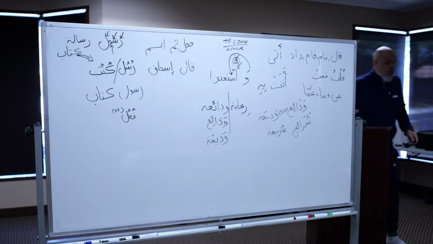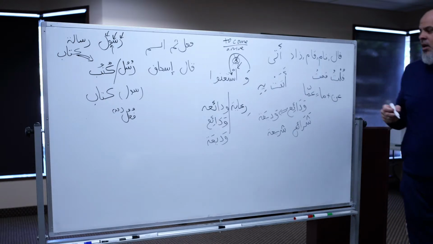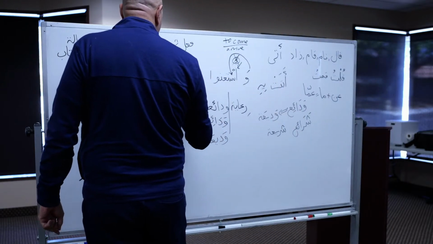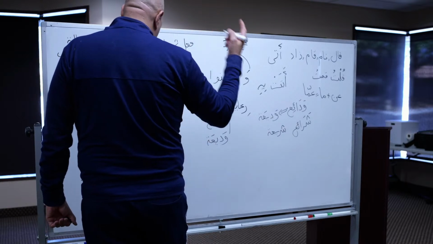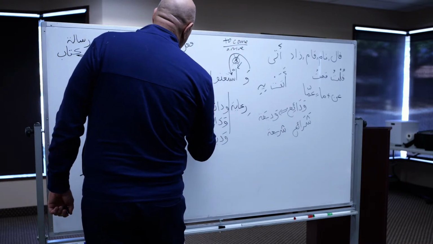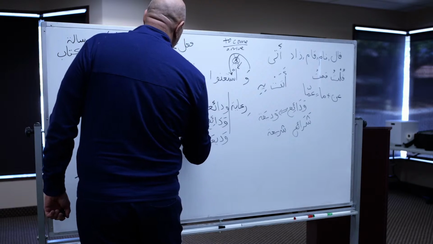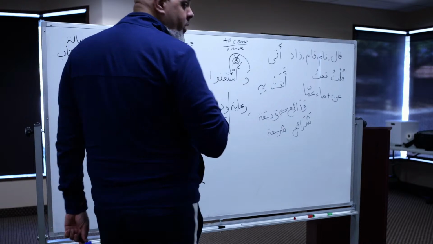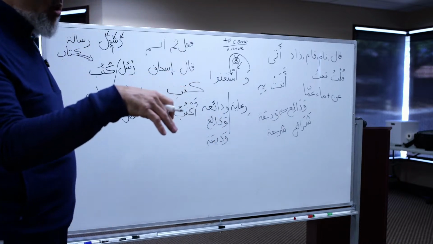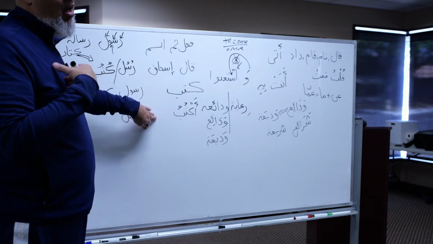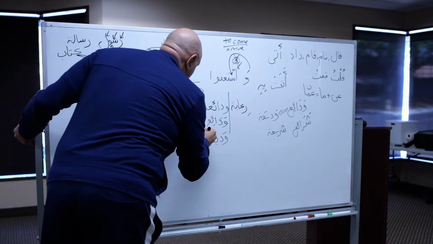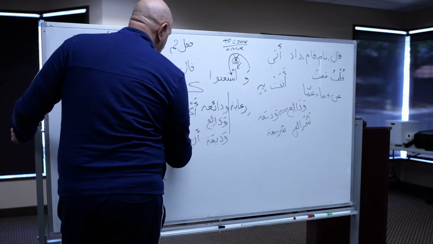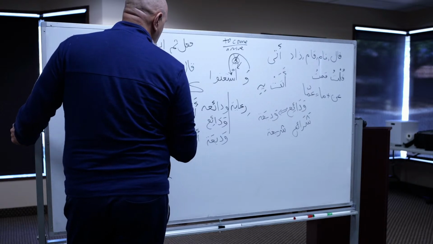أكتب. Normally كتب means he wrote. And أكتب means I write. The difference here is that أن always makes the last letter mansoob.